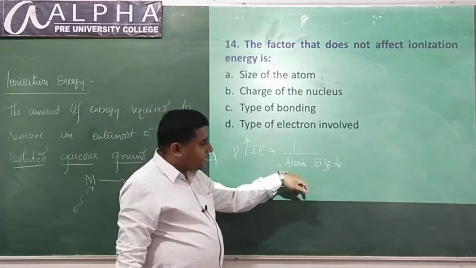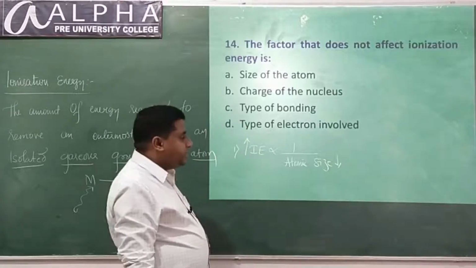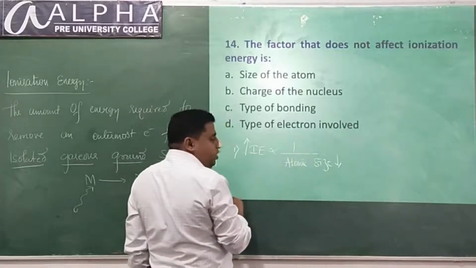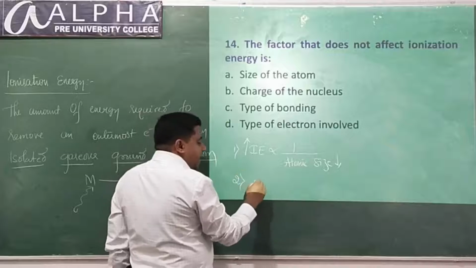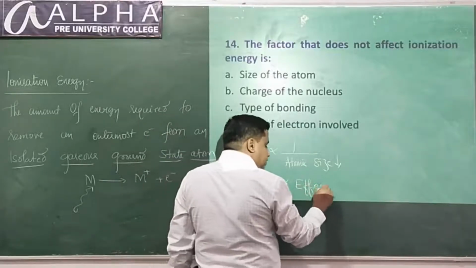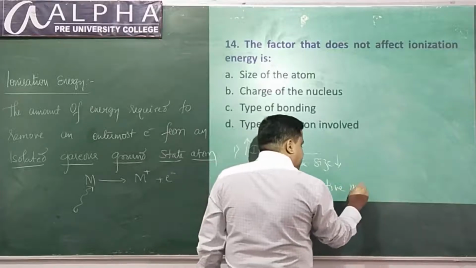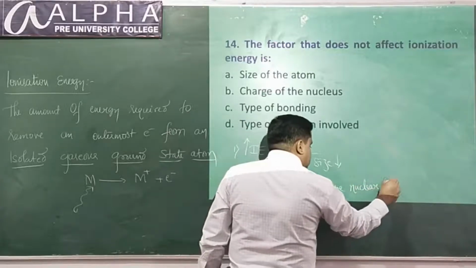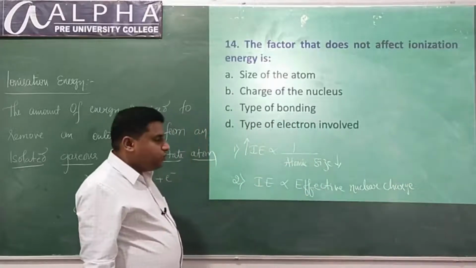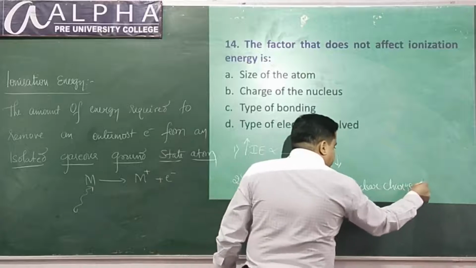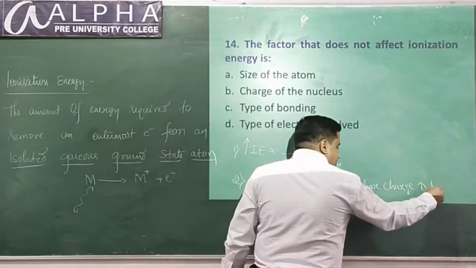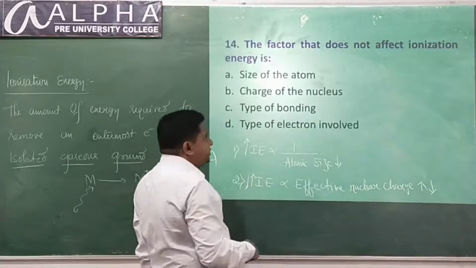The second thing is, ionization energy is directly proportional to effective nuclear charge. Higher the nuclear charge, more will be the ionization energy. Lesser the nuclear charge, lesser will be the ionization energy.